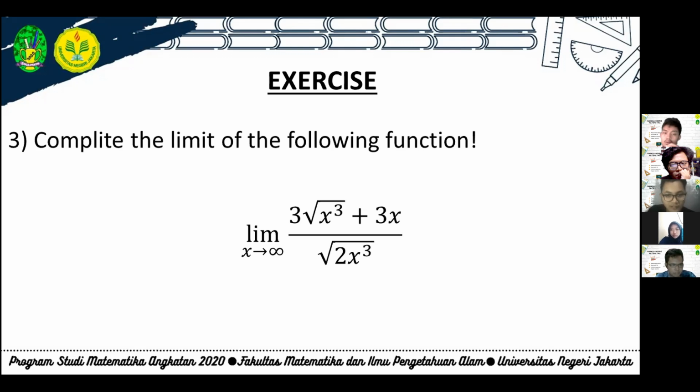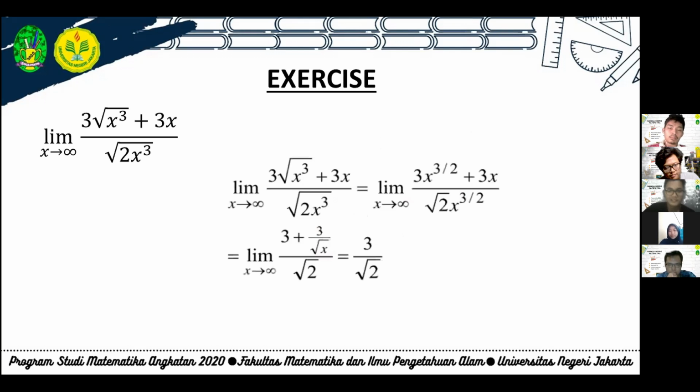Okay, look here, is that correct or not? Sorry, can you say again? 3 times square root of 2 divided by 2. Okay, that's correct. You can see the answer, okay?